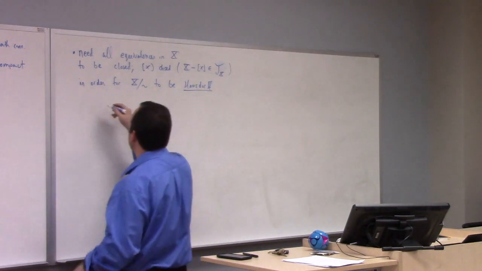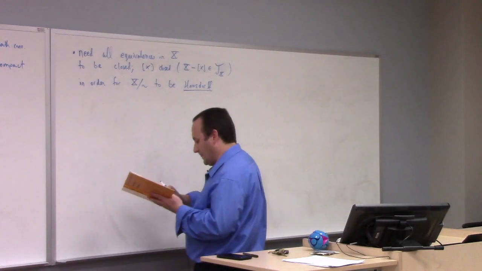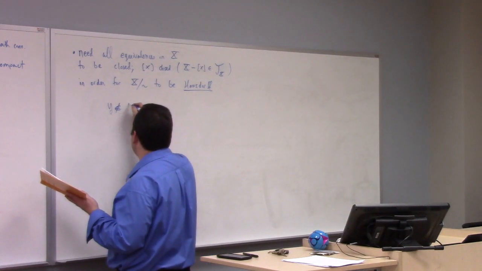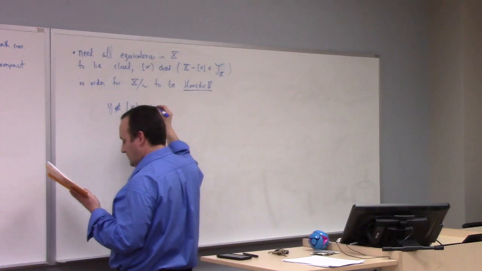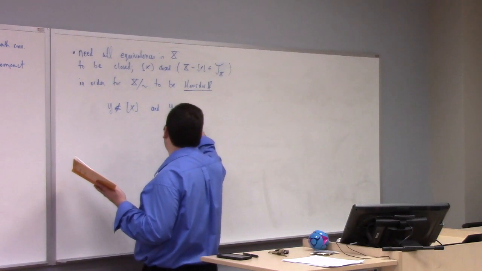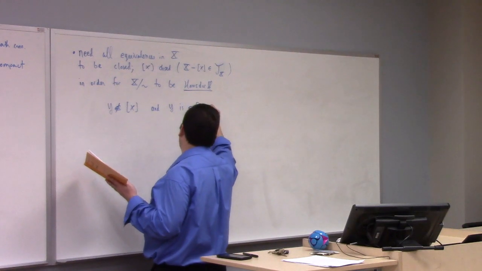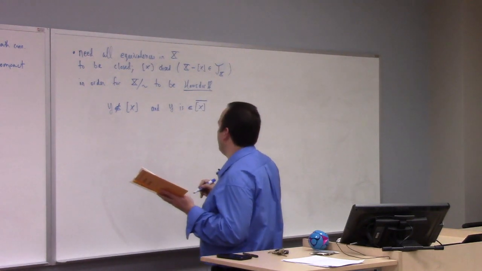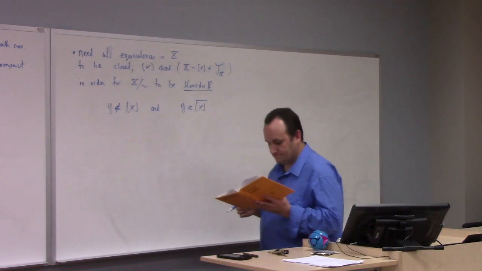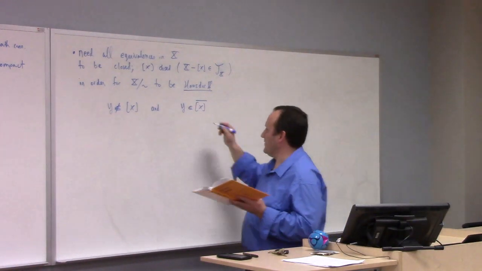Let's just digest what he says here. He says, if y is not an element of the equivalence class of x, and y is an element of the closure of x, right? What's the problem with that? In other words, y is a boundary point.